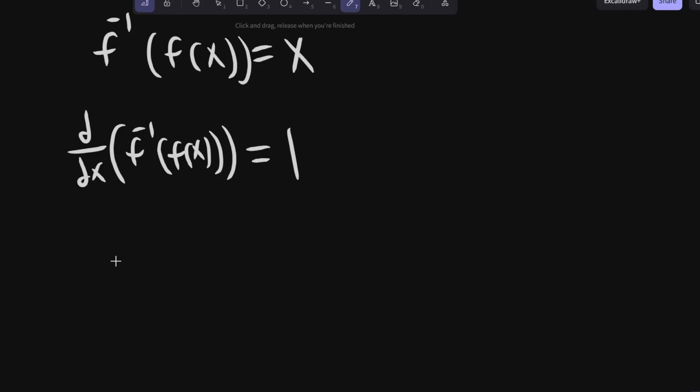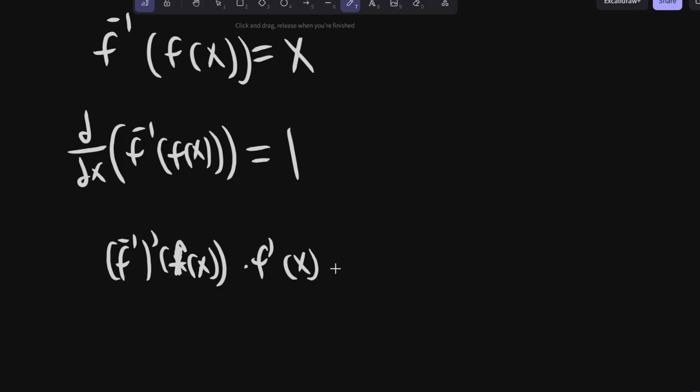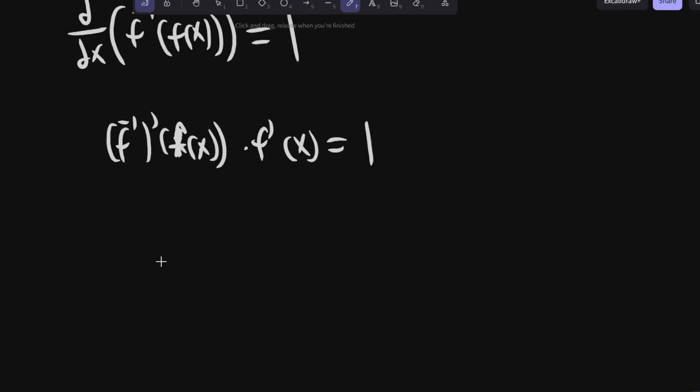So applying the chain rule, we get f inverse prime of f of x times f prime of x equals 1. So the final statement is f inverse prime of f of x equals 1 over f prime of x.